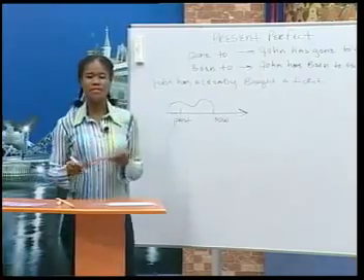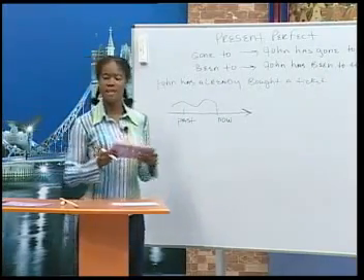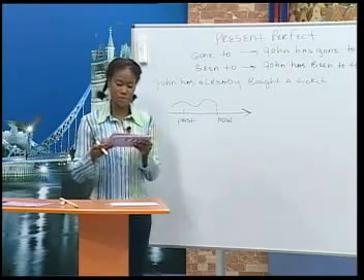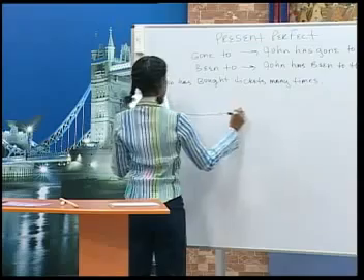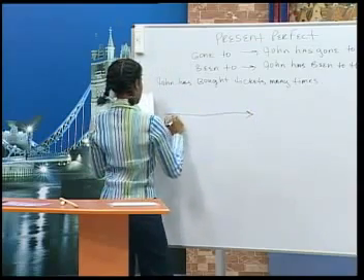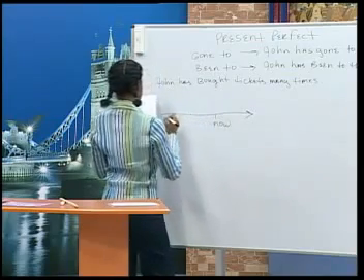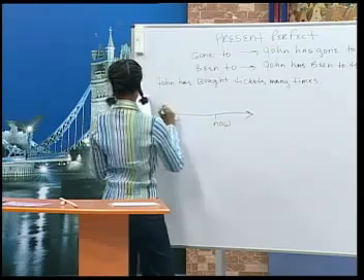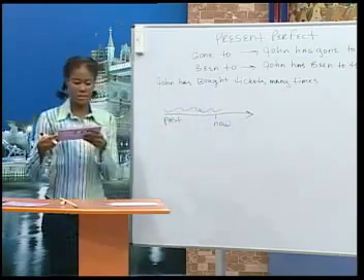Okay. An activity may happen many times before now. And in that case, again, we use the present perfect tense. John has bought tickets many times. Now this activity happened in the past up till now many times, unspecified.